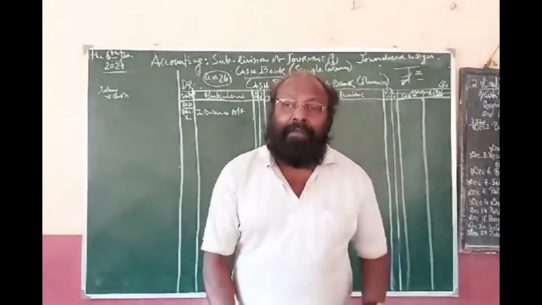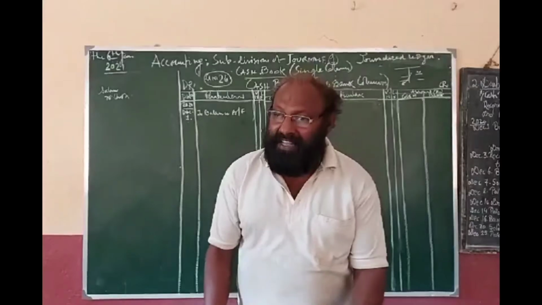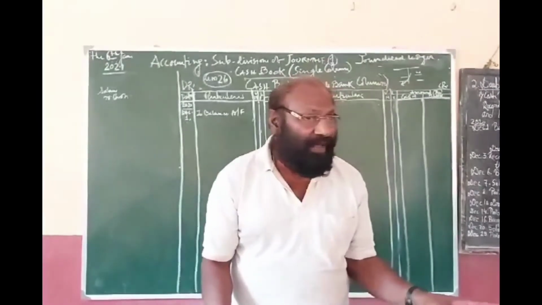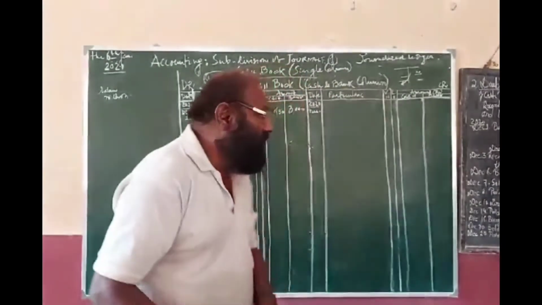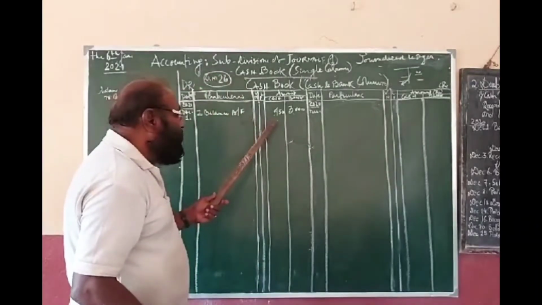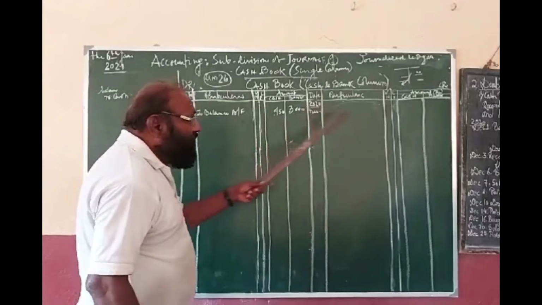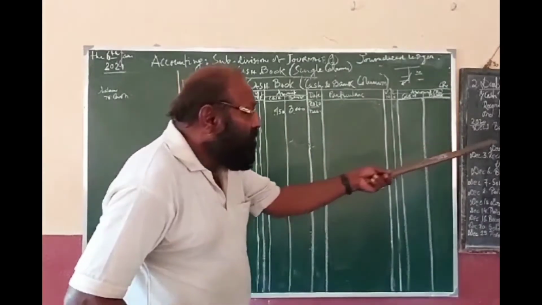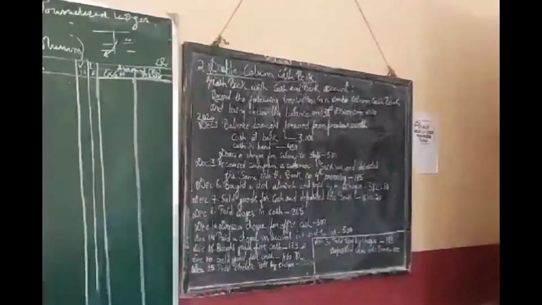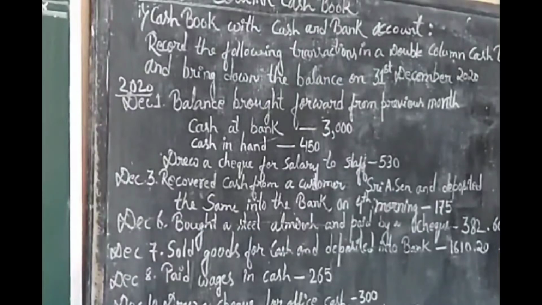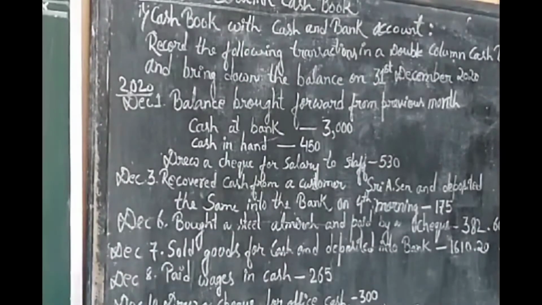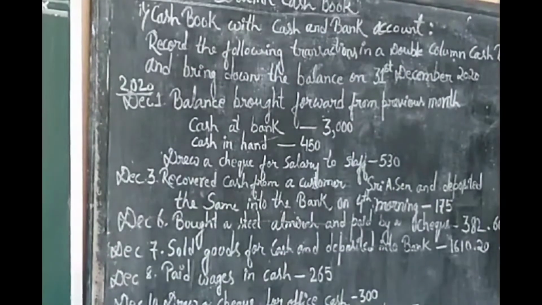So is there any depletion in your cash balance? There is no change in your cash balance. Your cash is remaining intact, 450. But a check of 530 has been given, and the person who is getting the salary will go to the bank, and the bank will make the payment.